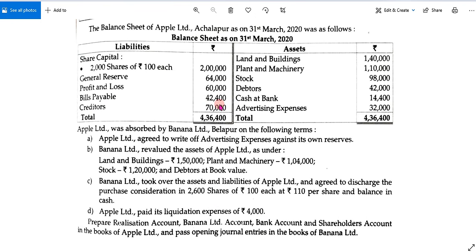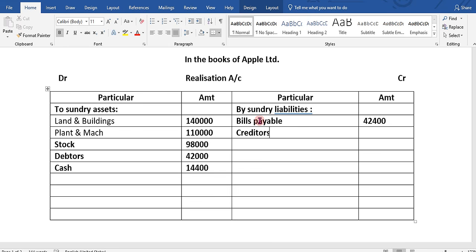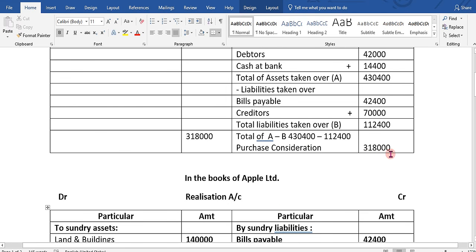Bills payable is 42,400 and creditors 70,000.